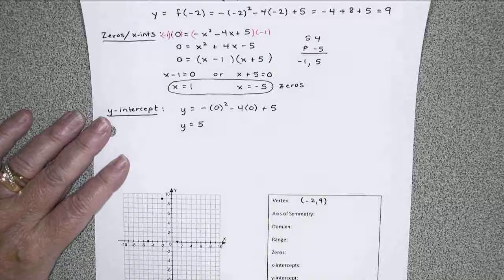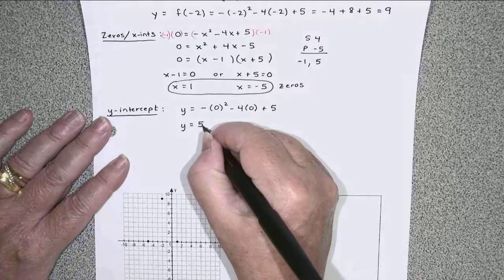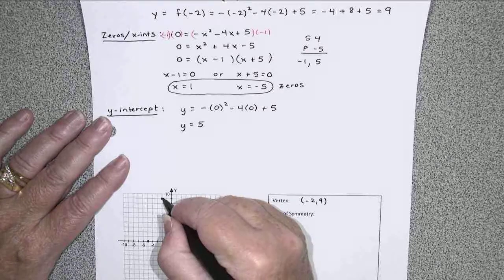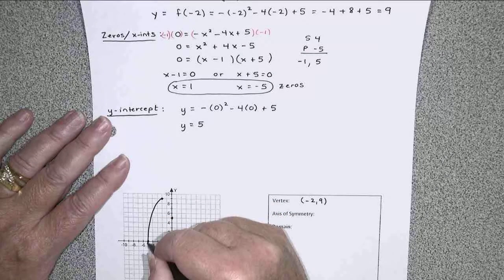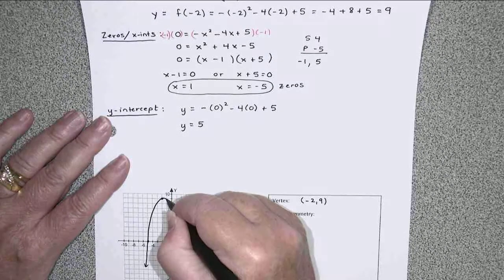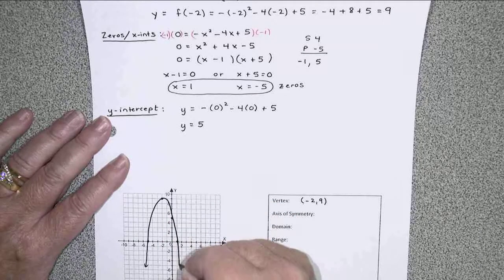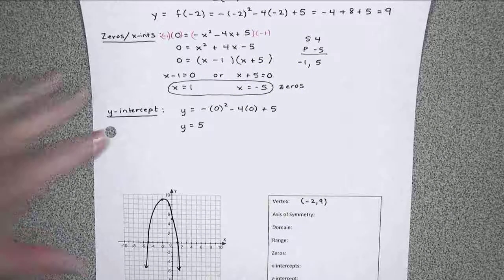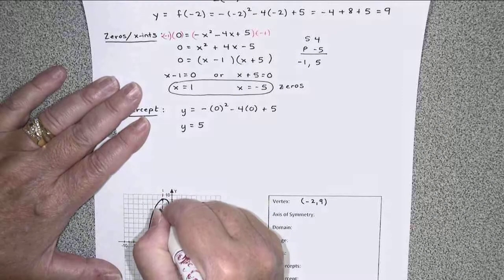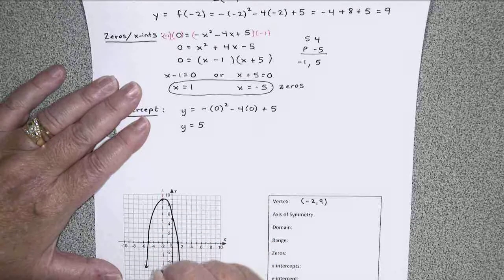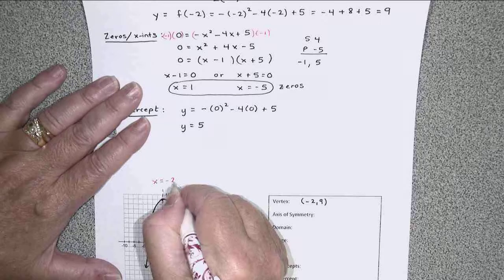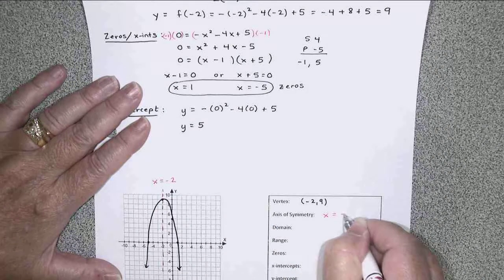Which is actually enough to sketch my parabola right now, but I'm going to go ahead and make the y-intercept accurate here at 5. And then I'm just going to draw the shape of a parabola, like so. A little wobbly, but it'll do. All right, the axis of symmetry is this vertical line through the vertex. In this case, that goes through x equals negative 2. So its equation is x equals negative 2.